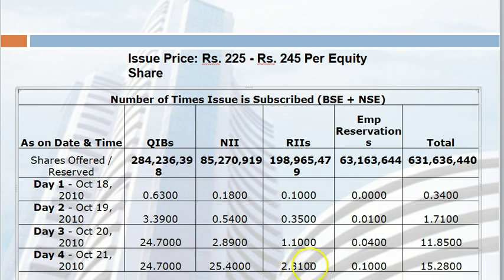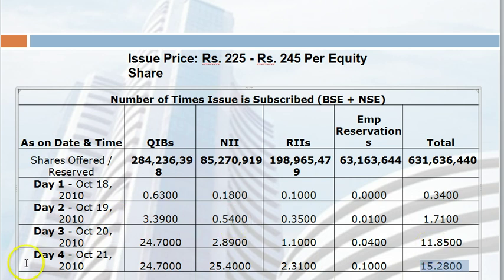If it's oversubscribed by 2 times, and you applied for 1 lakh, you would get an allocation for 50,000. And in this case, Coal India IPO listed above 300 rupees. So it was a very good IPO for retail investors. Ideally, this is the final number that you need to look for. The overall subscription needs to be at least 5 times or more, and the retail subscription should be as minimal as possible, because if it's higher, you'll get a lesser allocation.